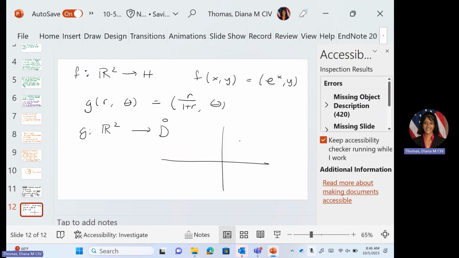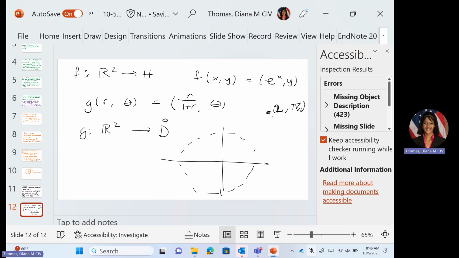Here's the unit disk. If I take a point somewhere on the plane, the radius was 1, well, you could take 2, and this is pi over 4.